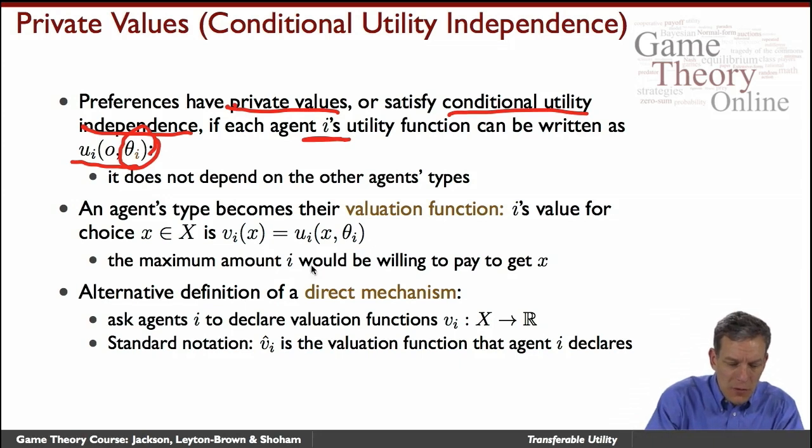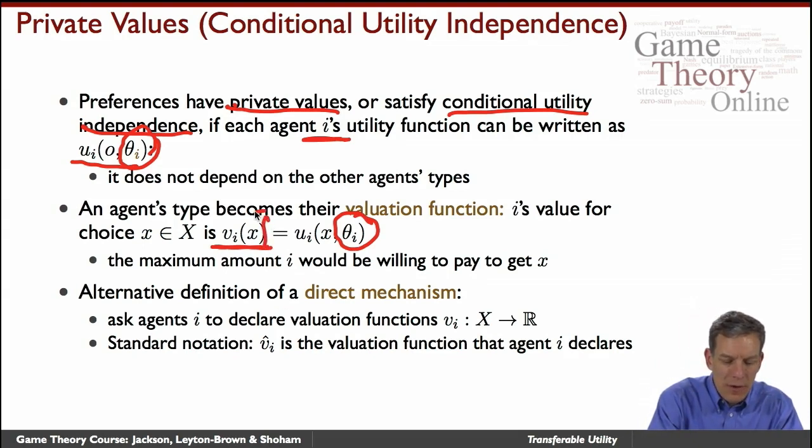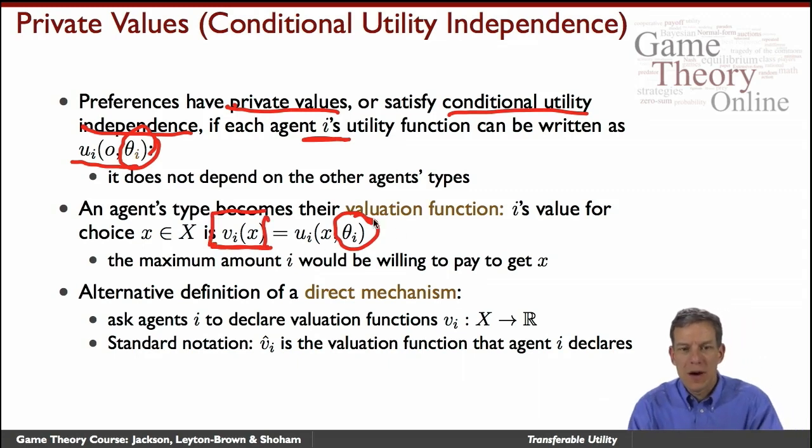So what's nice about the private values setting is that instead of just thinking about θ_i's, we can think of people just telling us what their utility function looks like. We can think of the private information they have as just a valuation function, v_i(x), which is equivalent to u_i(x, θ_i). So the theta just becomes telling us what that function is.